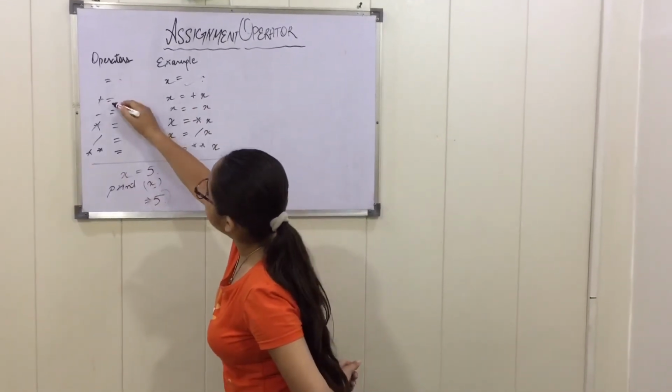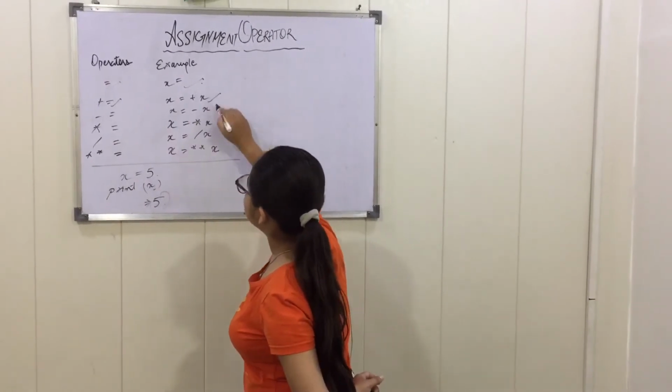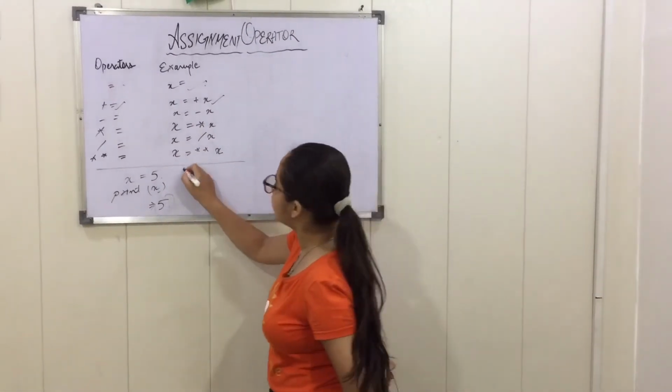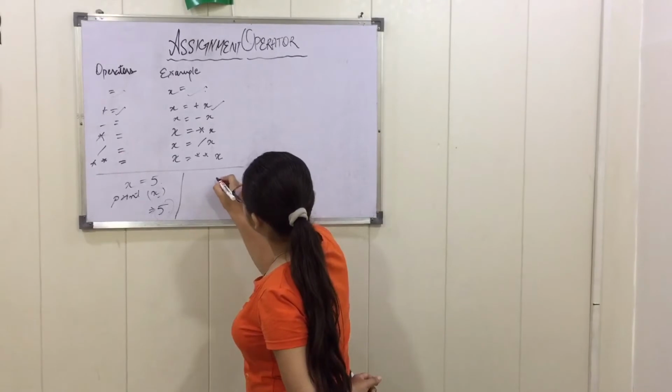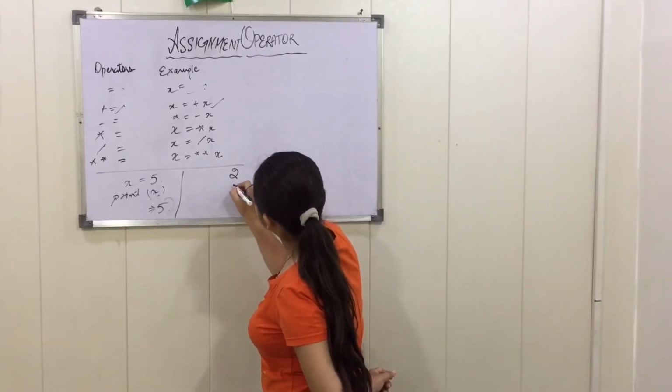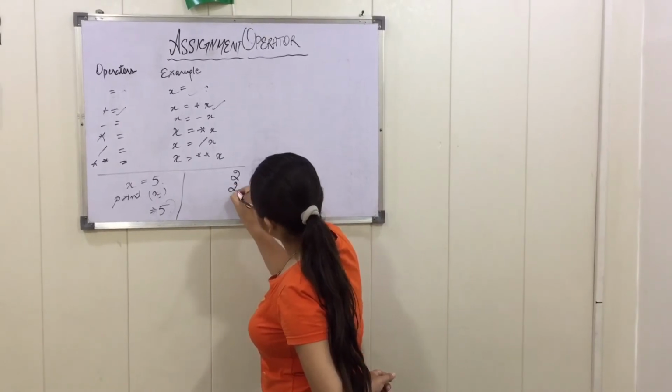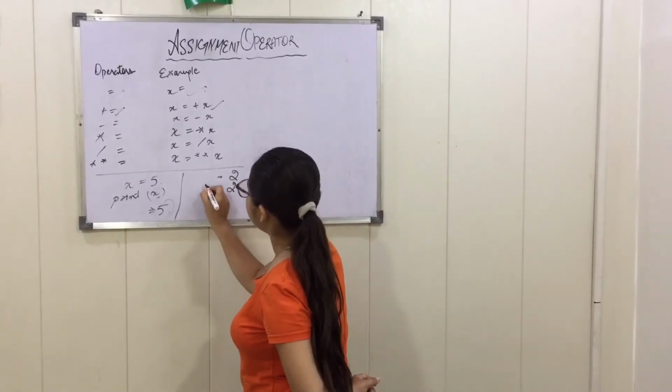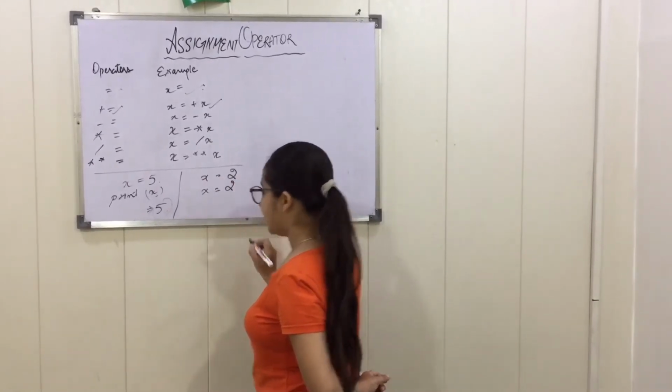The second operator is addition equals to. Let's solve an example. First we take a value 2, and the second value is also 2. Now we put this into a variable, suppose the variable name is x.